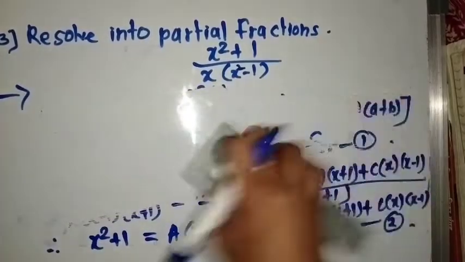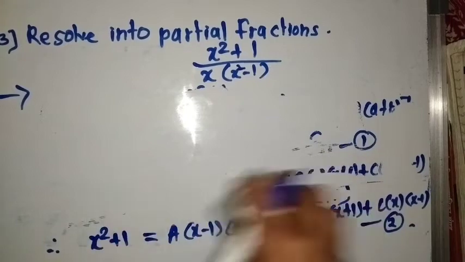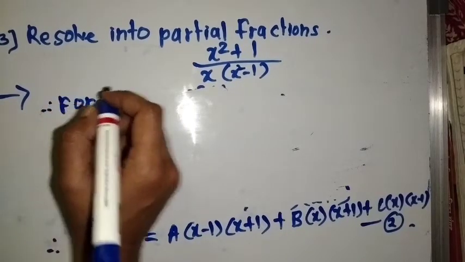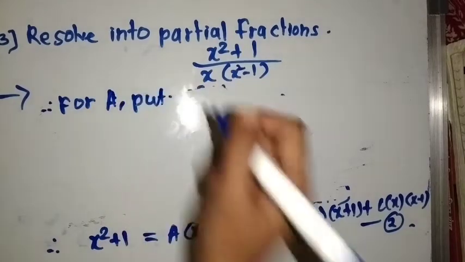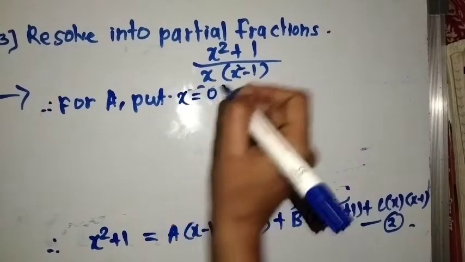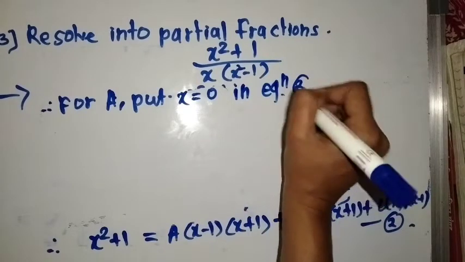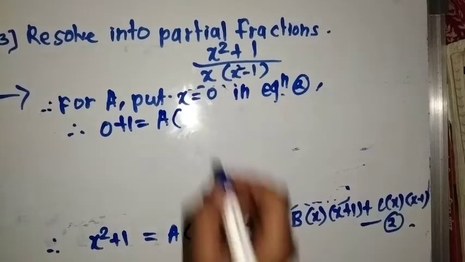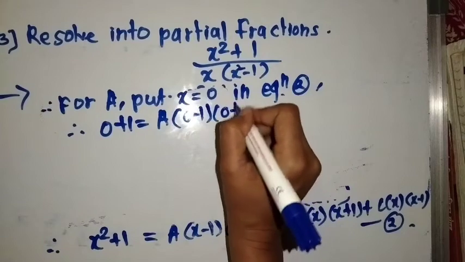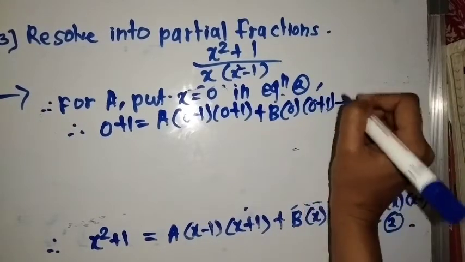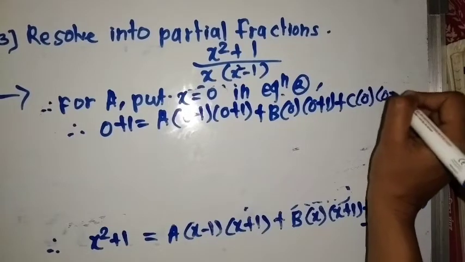Then we find out a, b and c. For a, to put the value of a, these two terms must be 0. For that, put x is equal to 0 in equation 2. So we get 0 plus 1 is equal to a(0 minus 1)(0 plus 1) plus b into 0(0 plus 1) plus c into 0(0 minus 1).